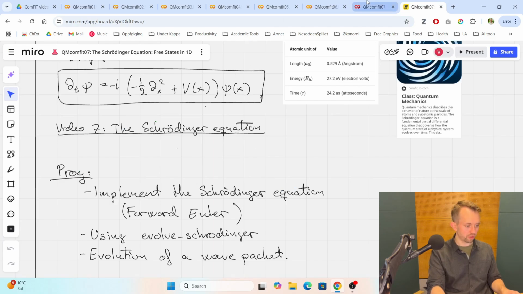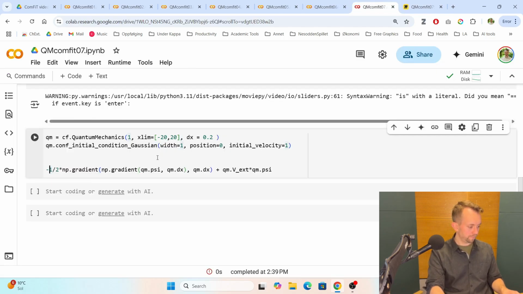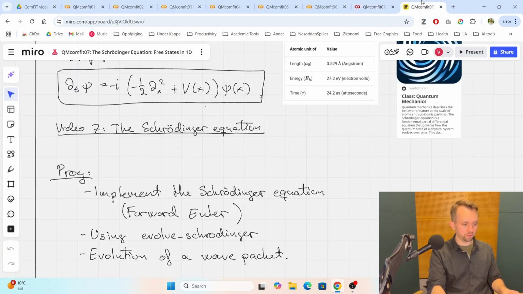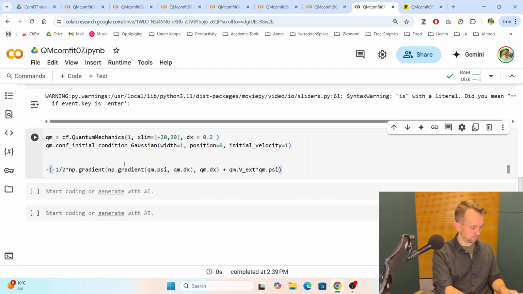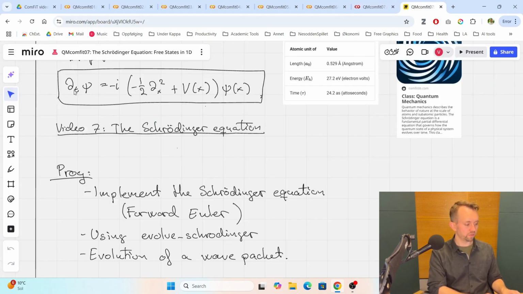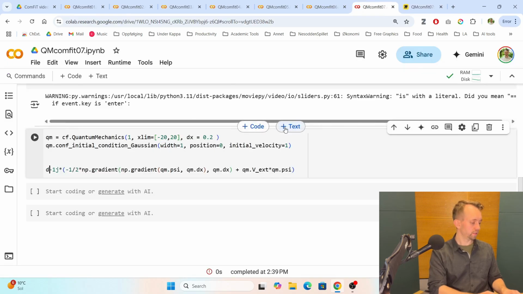So that's the second term. And then we need to multiply this whole thing by -i, and -i on the computer is -1j. And from here, we know that this is supposed to be d psi dt.